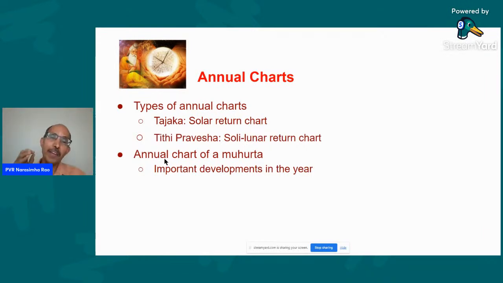So for specific areas of life, if an important muhurta relating to that area of life is available, you can use that and draw important conclusions, because otherwise you're running blind without the birth chart. So this can be really valuable in cases where you don't have the birth chart.